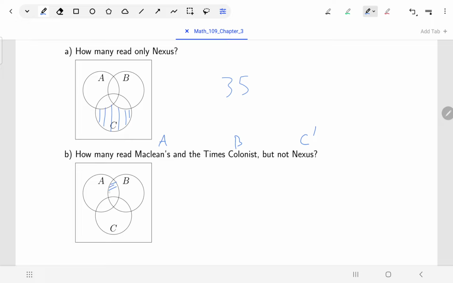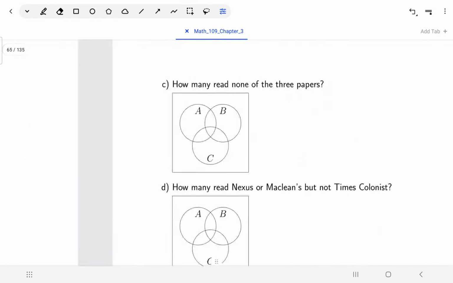That part is inside of A, so those people read Maclean's. It's also inside of B, they read Times Colonist, but it's not inside of C. They don't read Nexus. And that's another quick one to answer because, again, I refer to my Venn diagram. There's 5 people in that region. So there's 5 people who read exactly those 2 things, Maclean's and Times Colonist, but not Nexus.